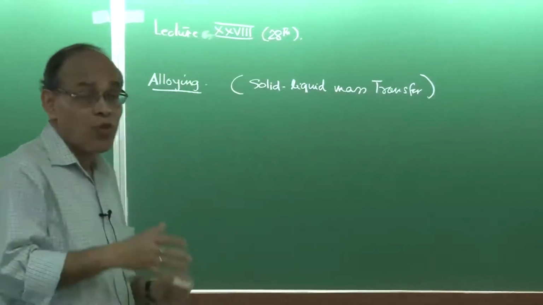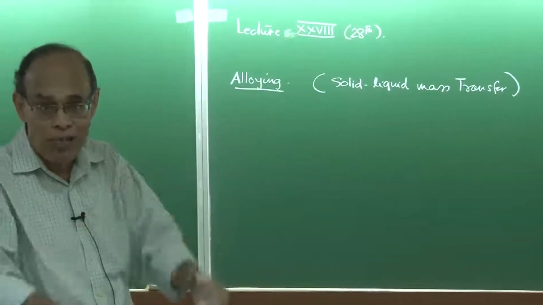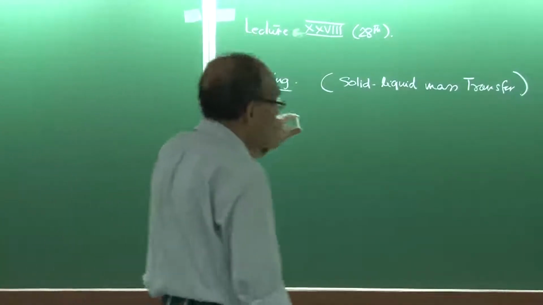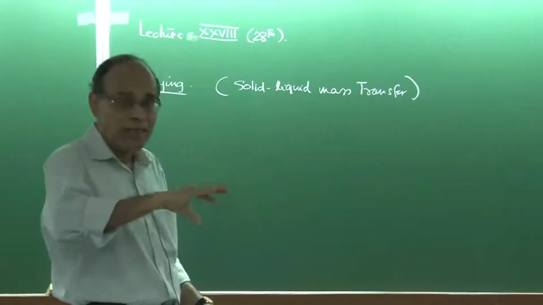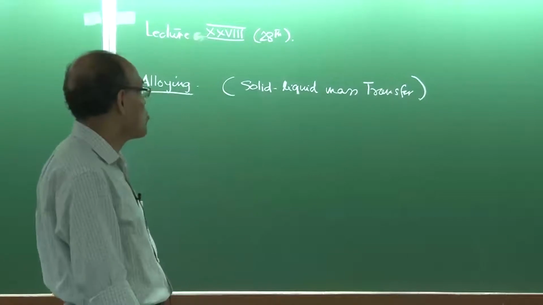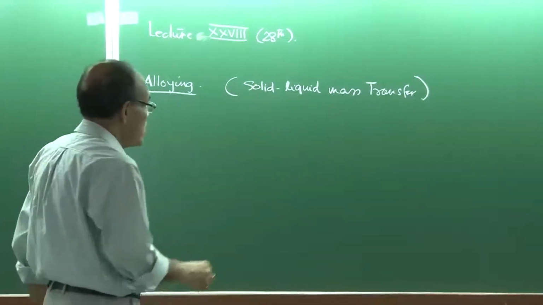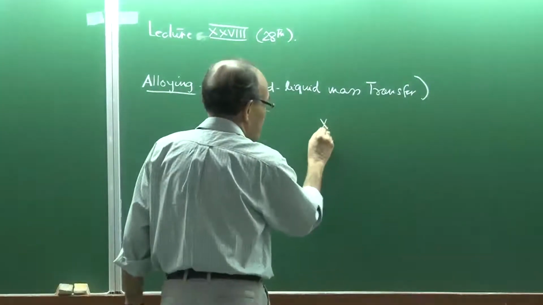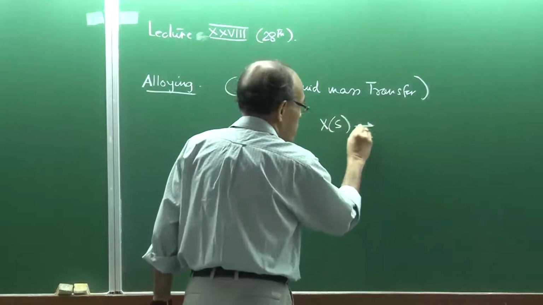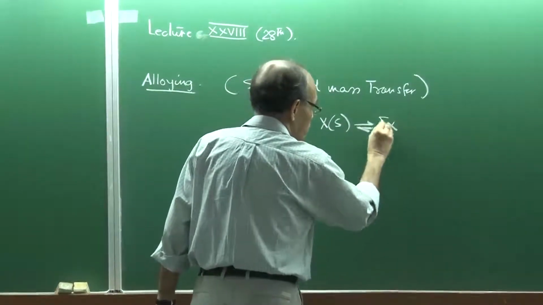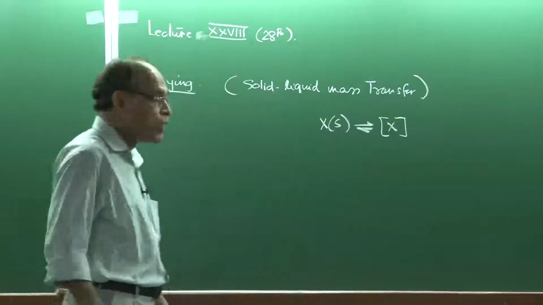But that is a two liquid mass transfer process. And here what we are going to do is, from the solid, the mass transfer is taking place via the dissolution process. So this is the only reaction: if you have a solid X, that solid gets dissolved into the liquid.